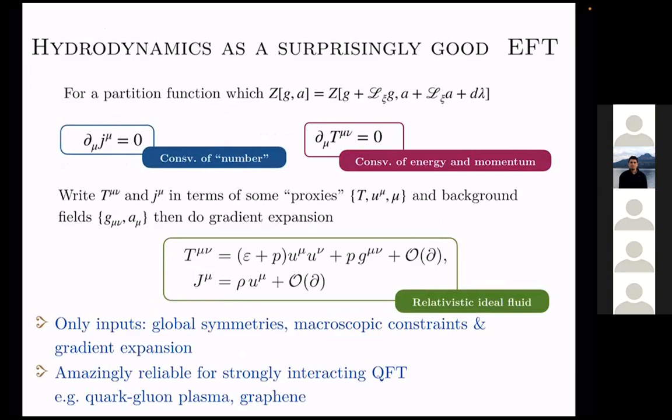There is a paper, I think in 2016, or sorry, not 16. When was that again? I don't remember, it has been quite some time already. Maybe 2017. Yes, or 16, where Grozdanov, Hofman, and Iqbal wrote a hydrodynamic version of those things.